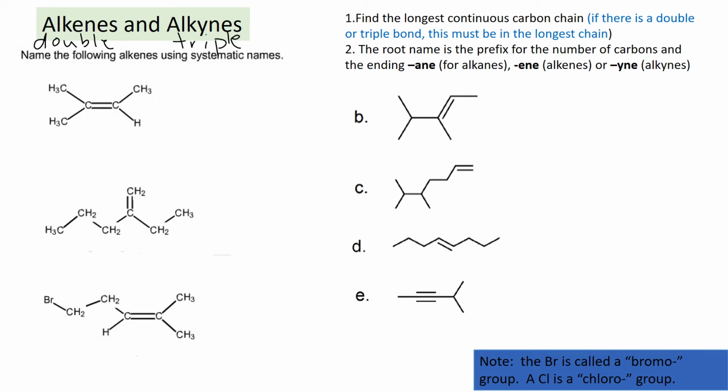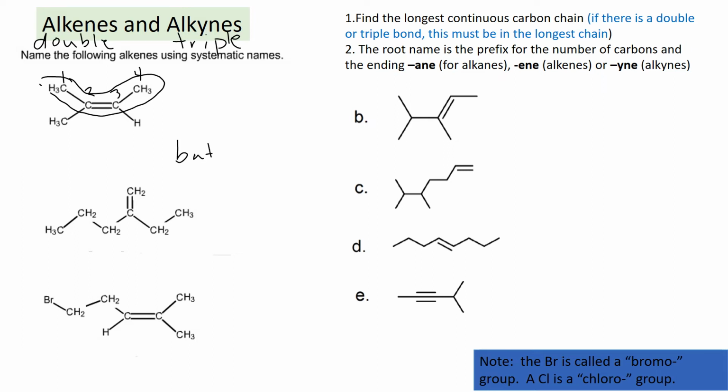We'll start by identifying the longest chain. Here it is. And we could have gone down and picked up that carbon and the other be the branch. It doesn't matter. So how many carbons do we have? 1, 2, 3, 4. We'll go ahead and number them. So 4 is but.